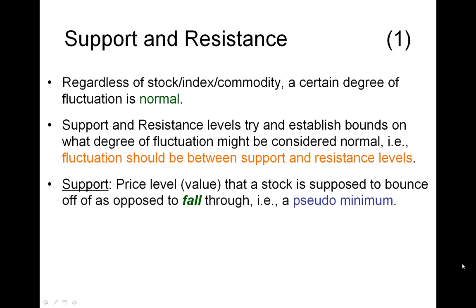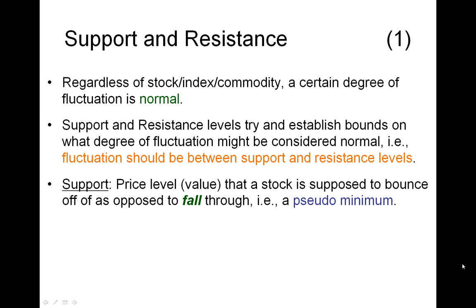So to be more specific, support is the price level or value that a stock is supposed to bounce off of or fall through, such that if the value of that stock falls below the support level, we can imagine that something strange has happened, something wrong has happened, because normally the degree of fluctuation that involves a fall, the value of that particular stock or commodity shouldn't fall below the support level.